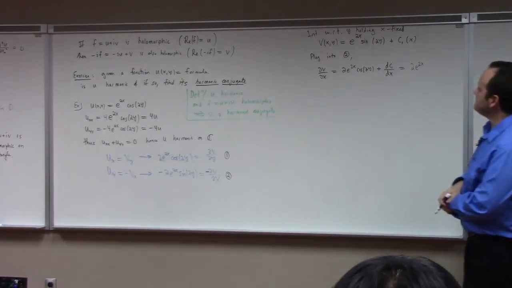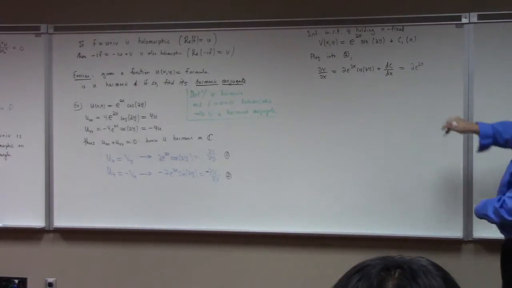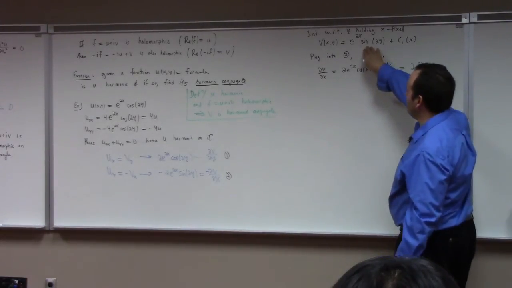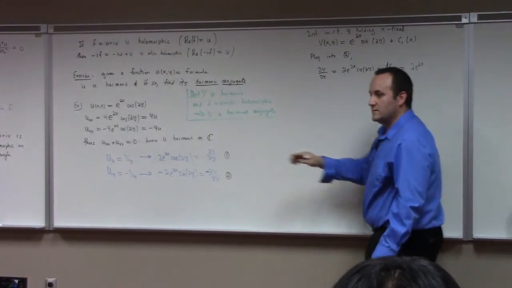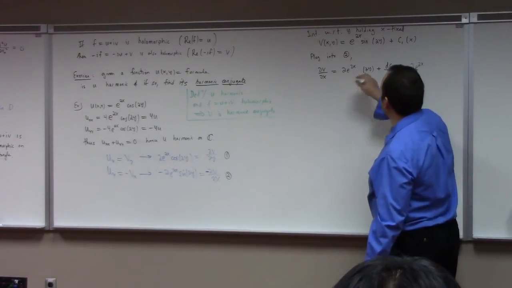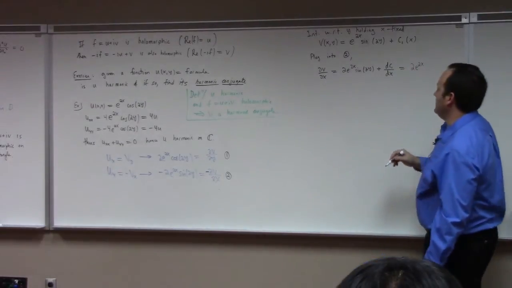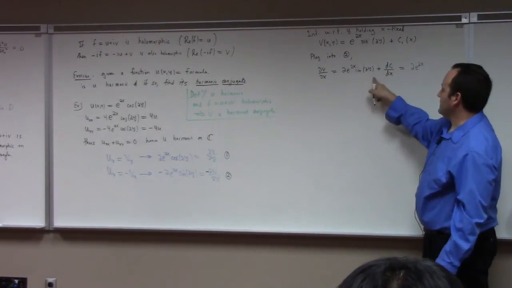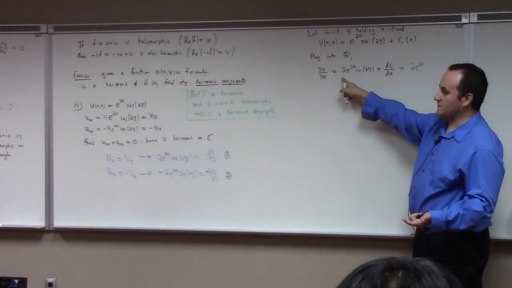And that's why your 2 in front of e to the 2x is in a way 1/2 times that. If I take the partial derivative of this with respect to y, I get back to here, so you can see it solves equation 1. Differentiating with respect to x, the sine stays alone because it's a function of y, and the 2 pulls down from e to the 2x.